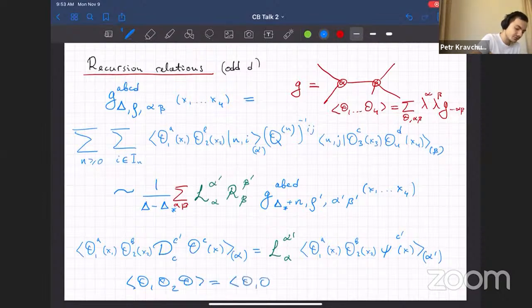For the sake of the argument, suppose that it's equal to the basis 3-point function.